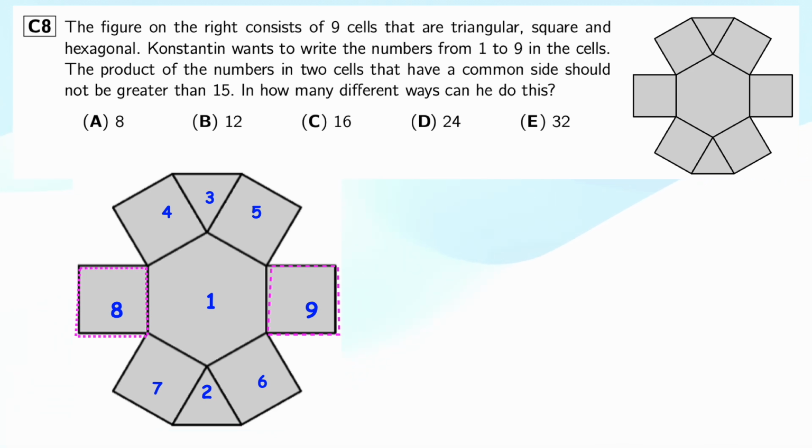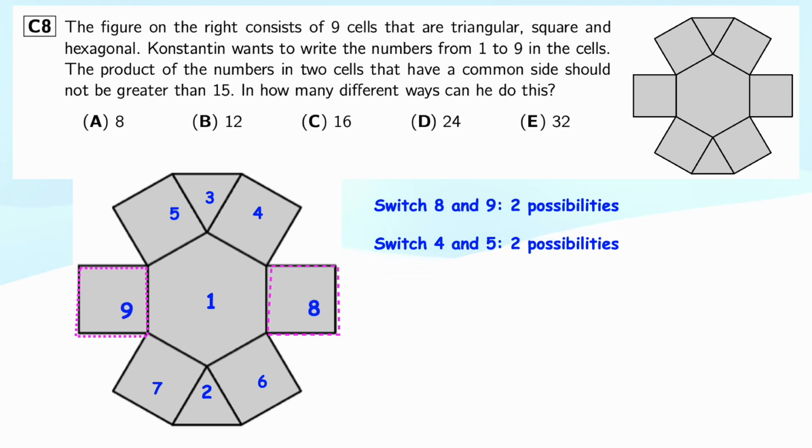So now we have to count all the valid arrangements. For example, we can switch 4 and 5. This already gives 2 possibilities, keeping the rest the same. If we switch 8 and 9, of course, another 2 possibilities.